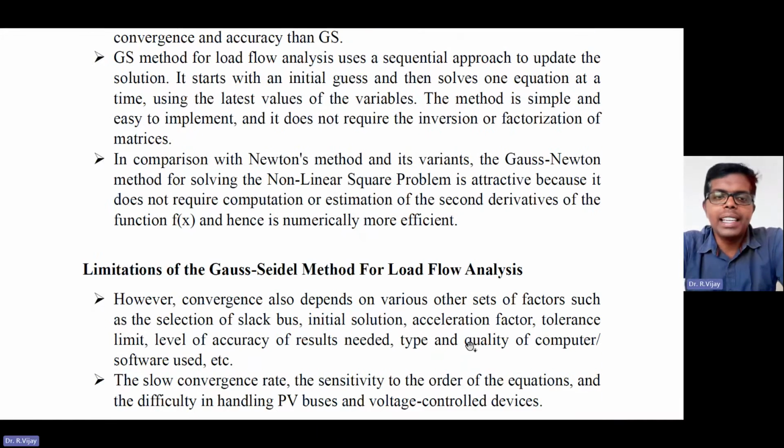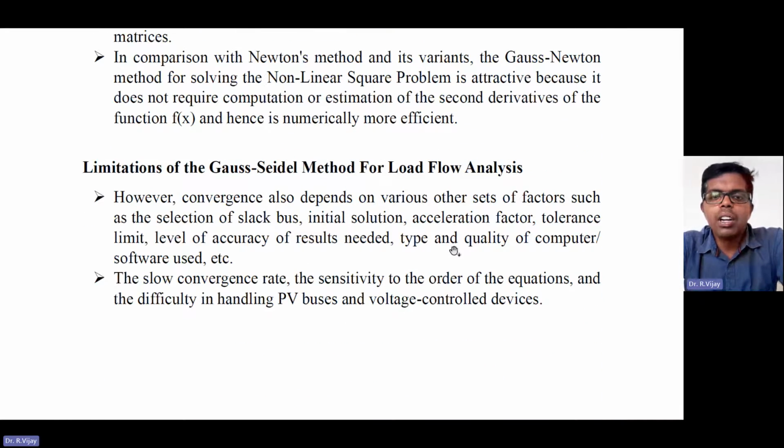So what are its limitations? However, convergence also depends on various factors such as the selection of the slack bus, initial solution, acceleration factor, tolerance limit, level of accuracy of the results needed, and the type and quality of the software used. In the problems we have seen, we set the tolerance limit as 0.001, and it depends on the problem.